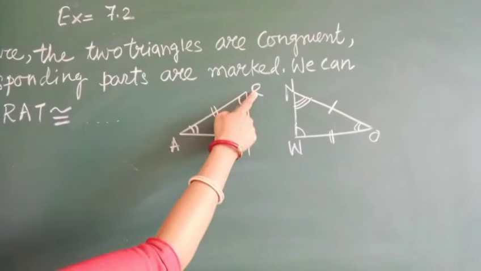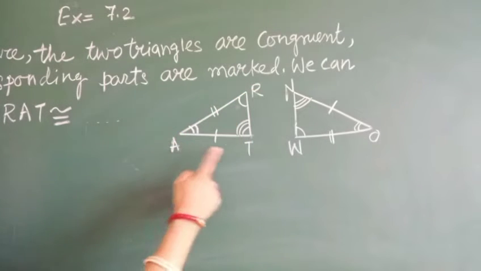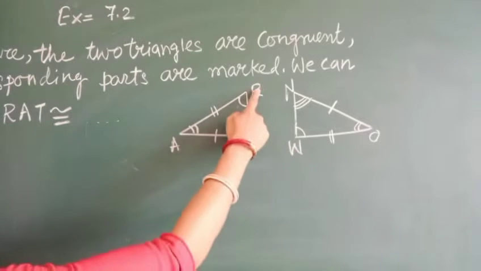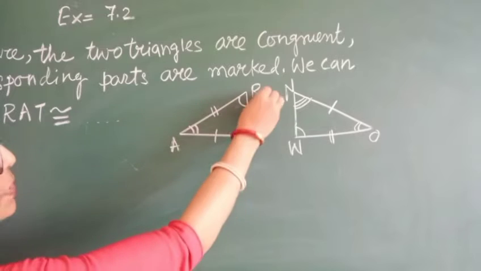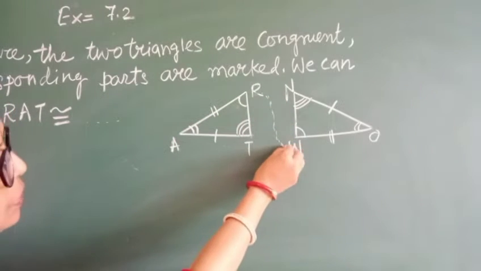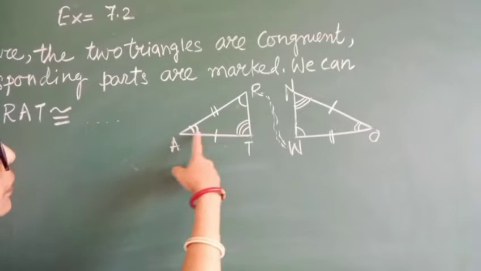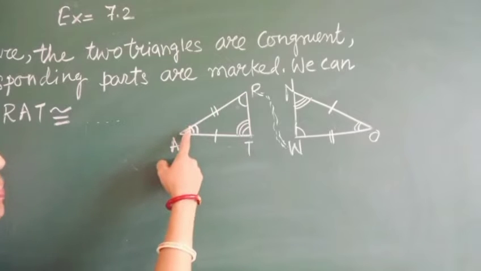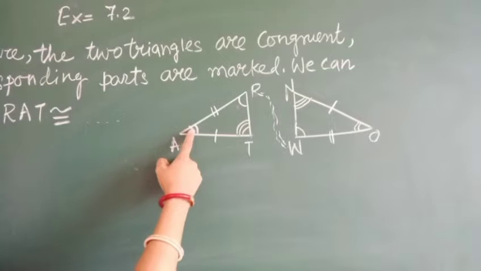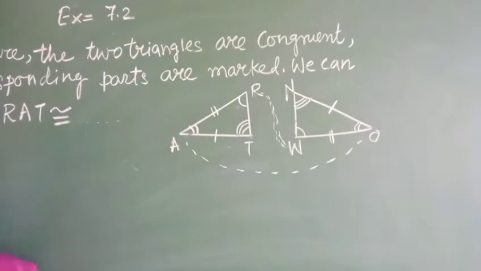That's why, when I am giving the name of this triangle RAT, instead of R I am taking the name of the side as O. R will correspond with W. A has two marks here. Can you see? The mark of the angle is 2. So A can correspond with O.